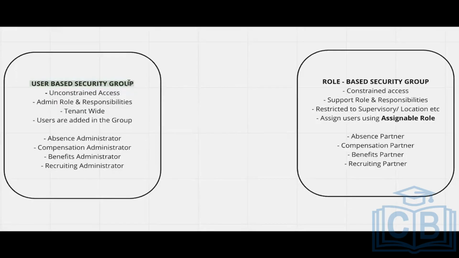If they have the ability to change someone's contact information for the lowest level in the hierarchy, then they also have access to change it for the CEO. That is what unconstrained access means. It means tenant-wide without any restrictions, irrespective of what location you're in, whoever you're reporting to. If you have that access, that means it's tenant-wide.